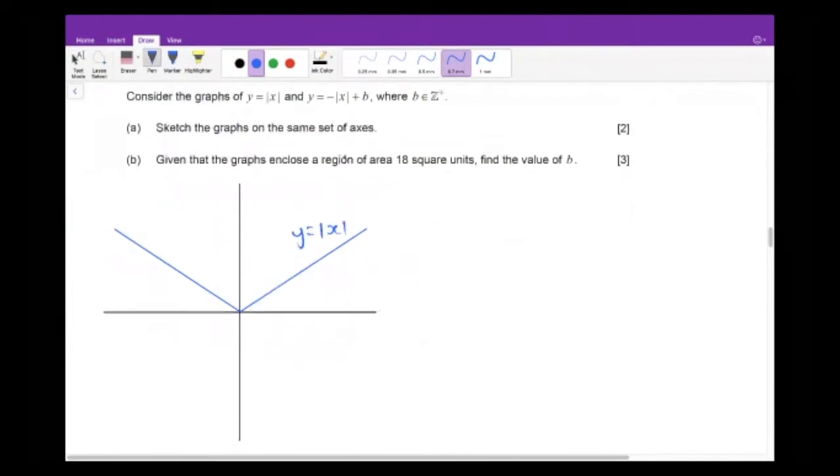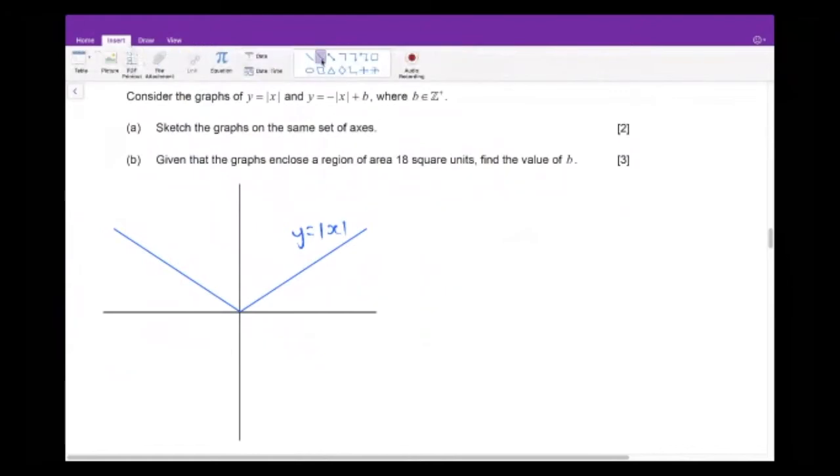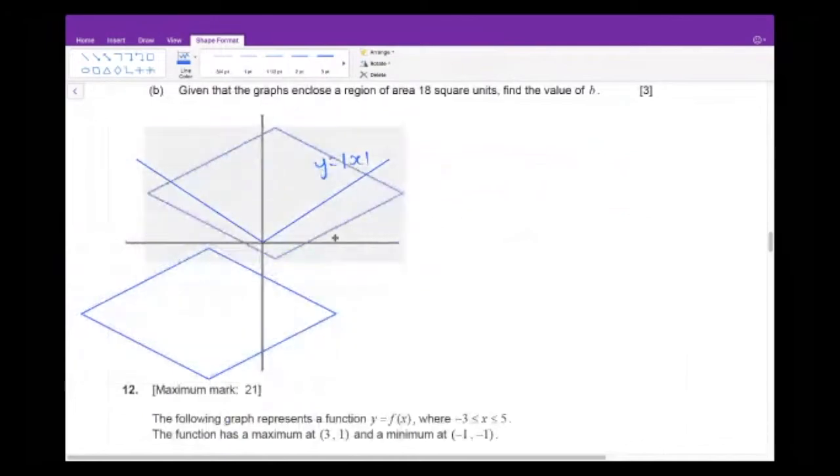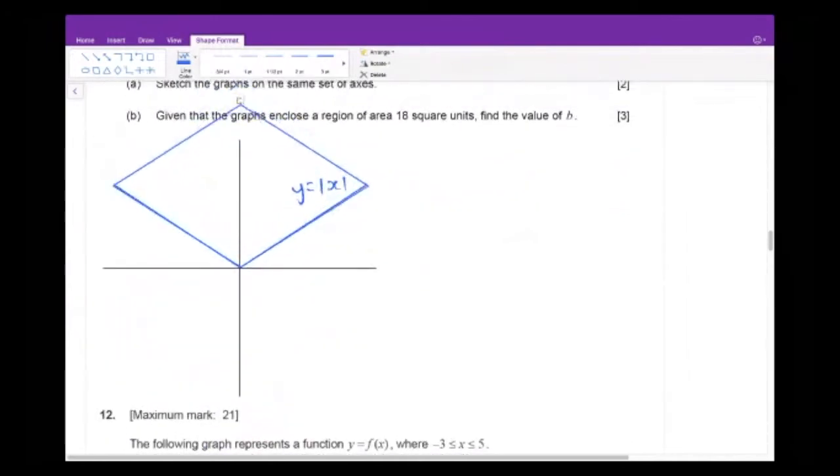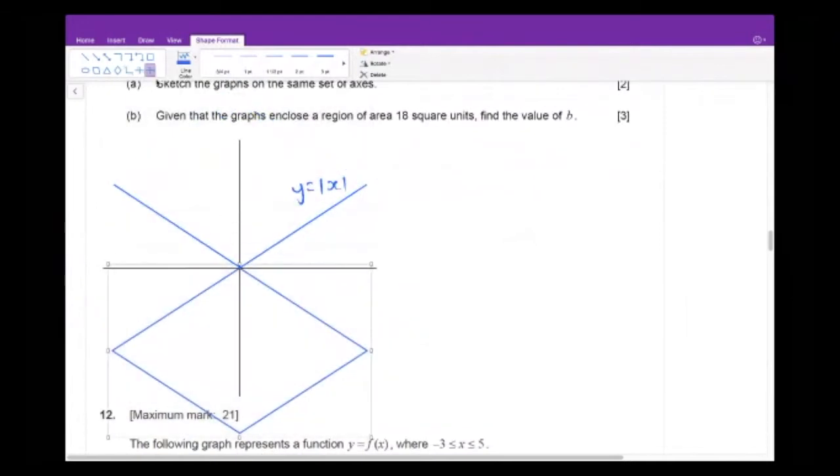And now the negative modulus of x would be this graph completely flipped over. So it would look like this.